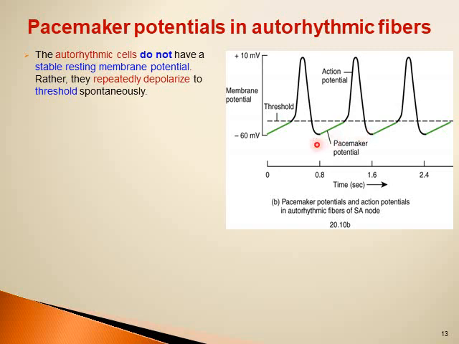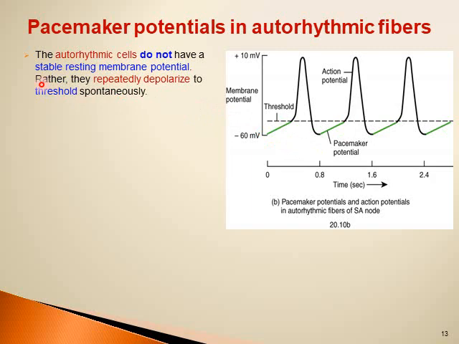However, in the autorhythmic cells, the membrane potential will not remain stable. It will gradually depolarize until it reaches the threshold. When it reaches the threshold, depolarization will occur on its own and the action potential will be self-generating.